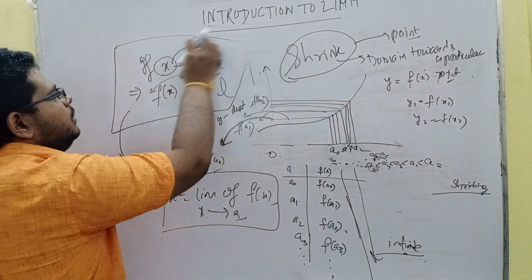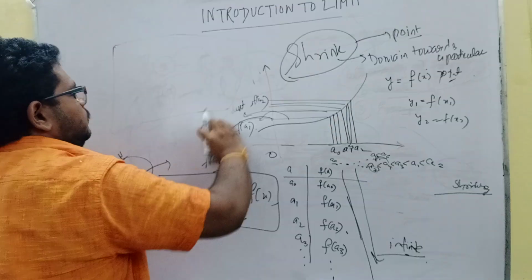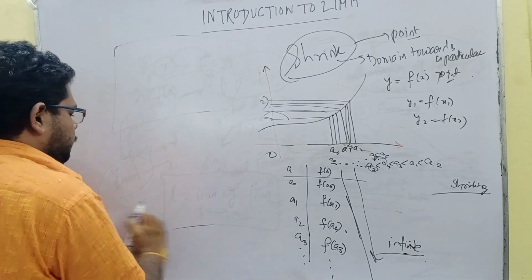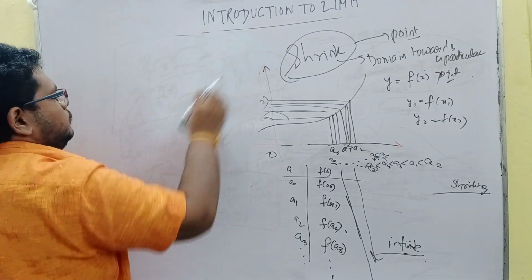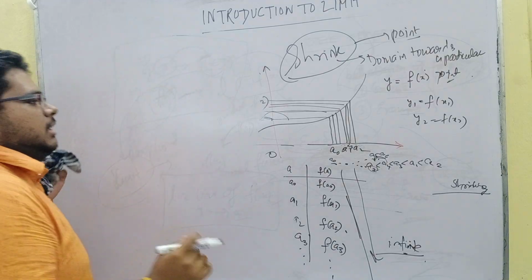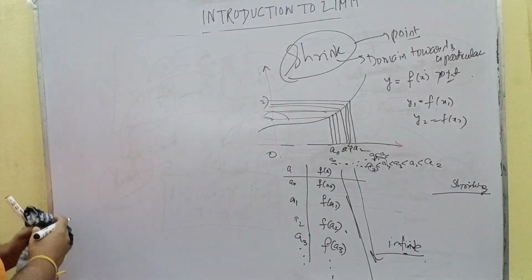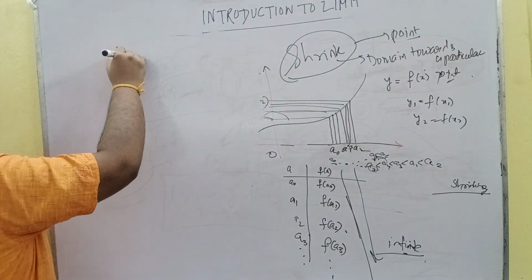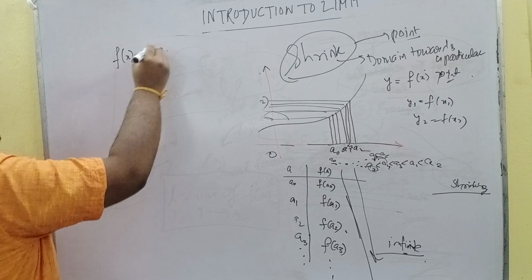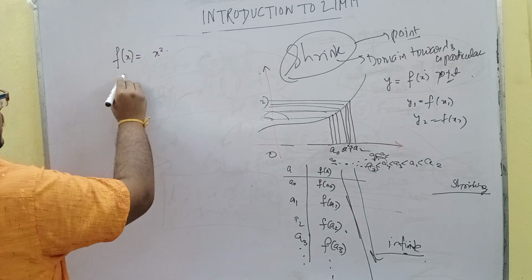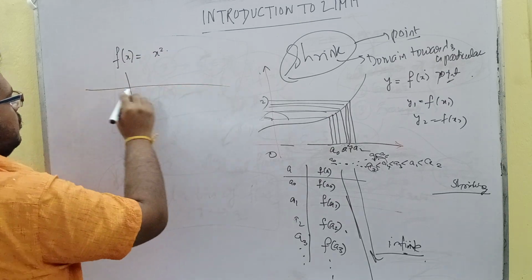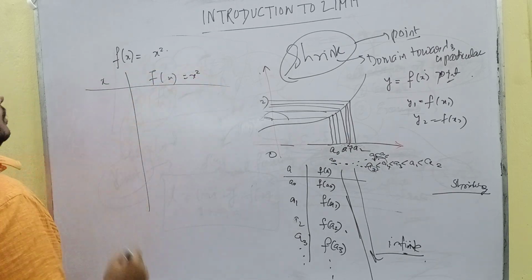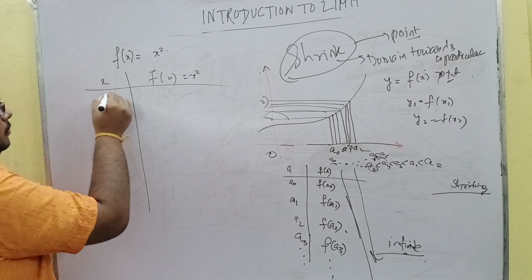Okay, so we will give a particular example over here. Suppose f of x is x square, and we will form a table. Suppose x is 0.